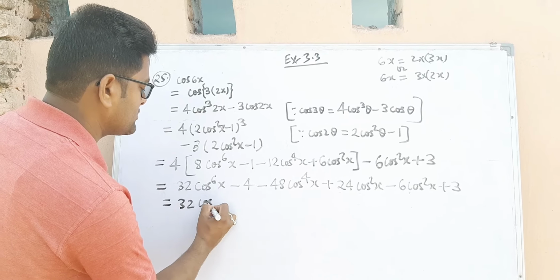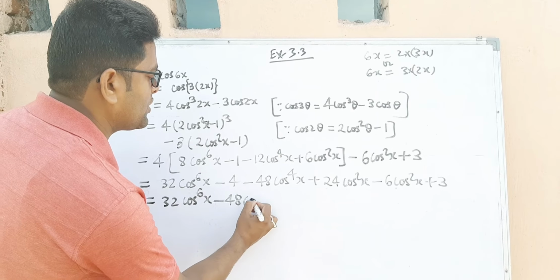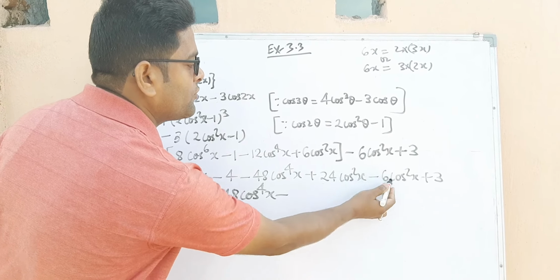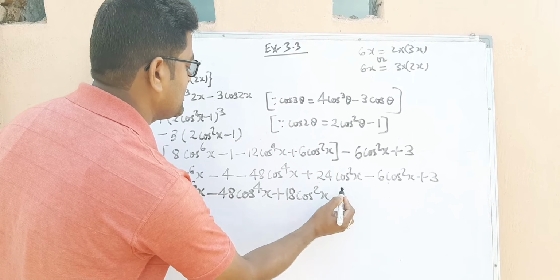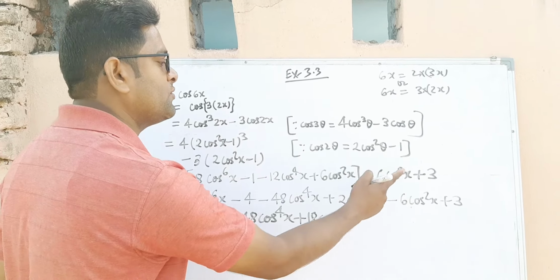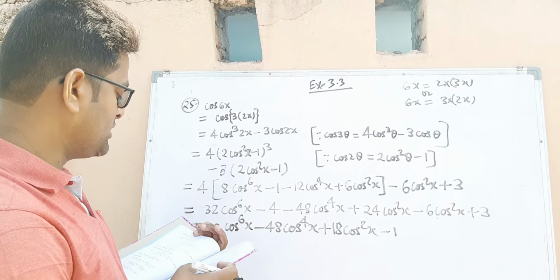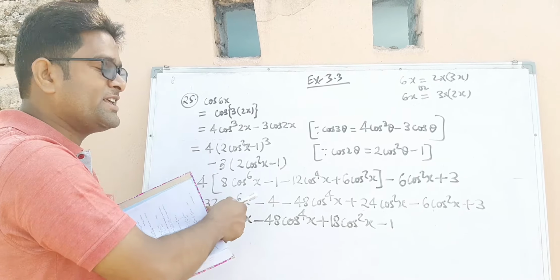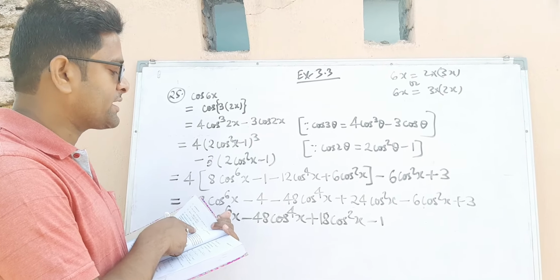So 32 cos to the power 6x, minus 48 cos to the power 4x, plus 18 cos square x, then what is left? Minus 4 plus 3, that is minus 1. You can easily see we have proved it: 32 cos to the power 6x minus 48 cos to the power 4x plus 18 cos square x minus 1.